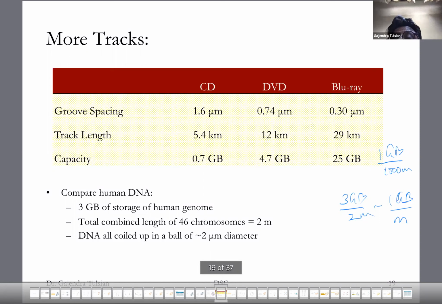So information in your cells is packed 1,000 times better than on a Blu-ray. Anything nature does is that much better. All right, that was just a side story, and I thought it was interesting, so I spent some time on it. Let me pause the video here a second.